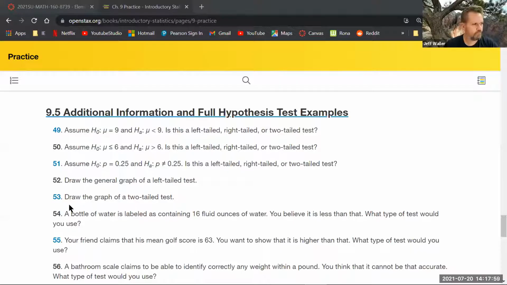Okay, I think it was 9.5, question 49. It's asking mu is equal to 9. So for the null hypothesis, mu is equal to 9. For the alternative, it's less than 9. And I was confused because I didn't know you could do both an equal and a less than in the same question.